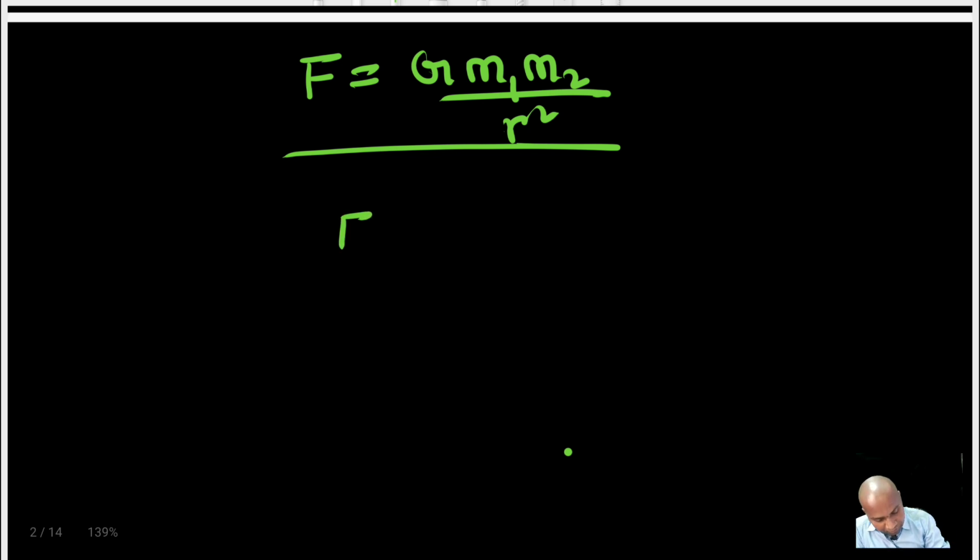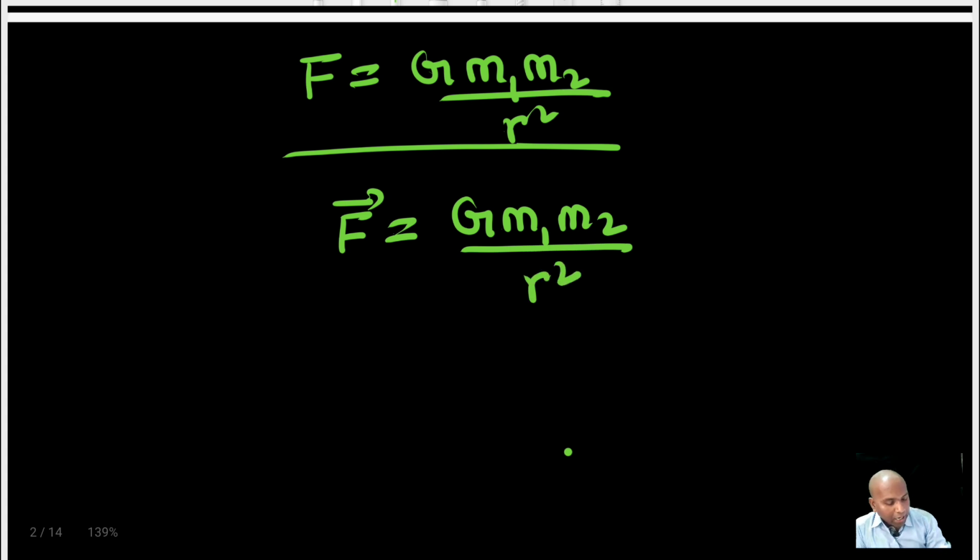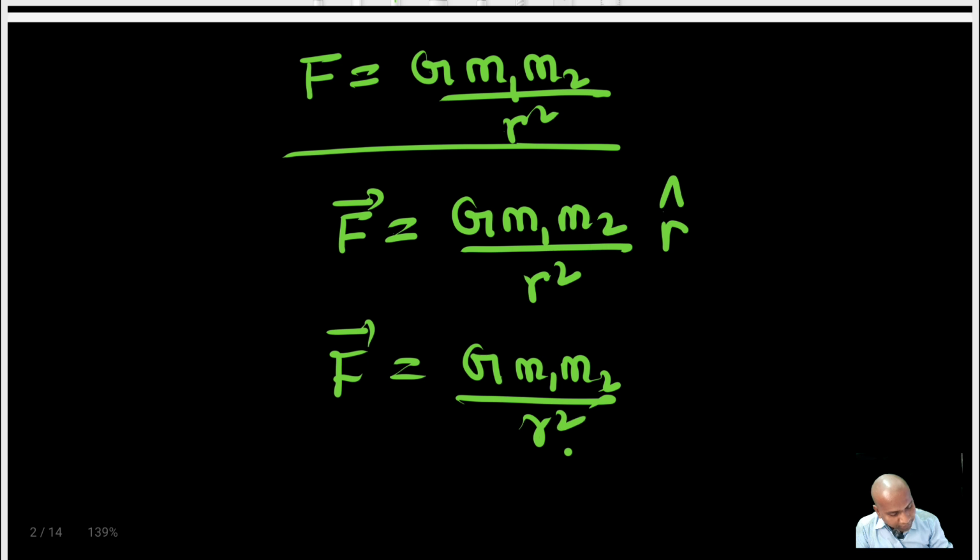So we write F equals G m1 m2 by r square, and I have to multiply with the unit vector r cap. Then F bar equals G m1 m2 by r square, r bar by r cap. Sorry, this is the magnitude of r only.